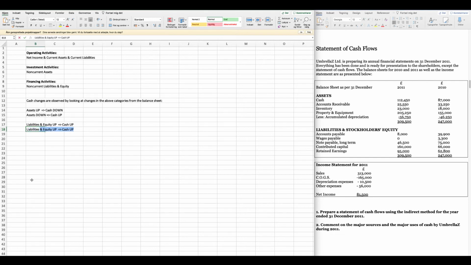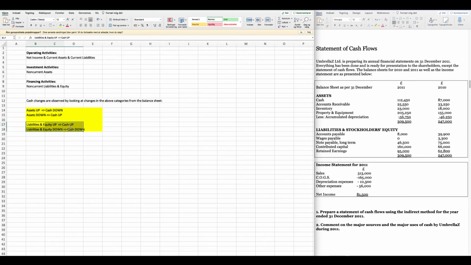So let's write this out for the other situation, that is, if it goes down, then unsurprisingly, I guess, the effect will be that cash also goes down. These rules are quite simple in a way, but really important to remember when you get into the exercise, because we'll be applying them again and again.